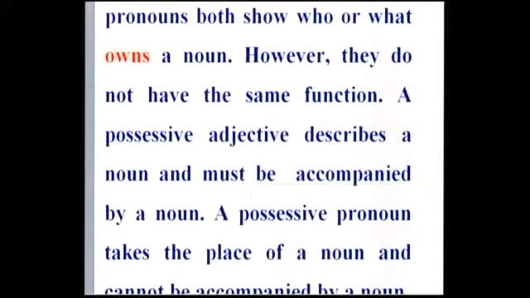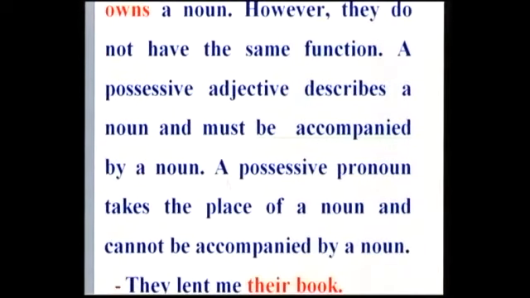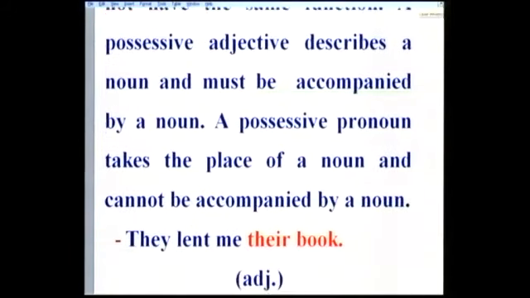لكن الفرق بقى ان a possessive pronoun takes the place of a noun and cannot be accompanied by a noun. طبعا البروناون هو مكان اسم، يبقى مش مفروض طبعا يجي وراه اسم، لكن الادجكتيف بتوصف اسم يبقى لازم يجي وراها اسم. They lent me their book.